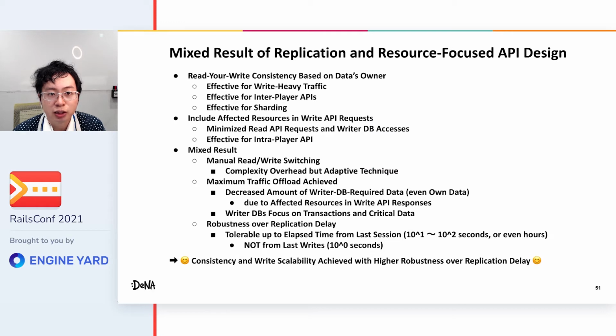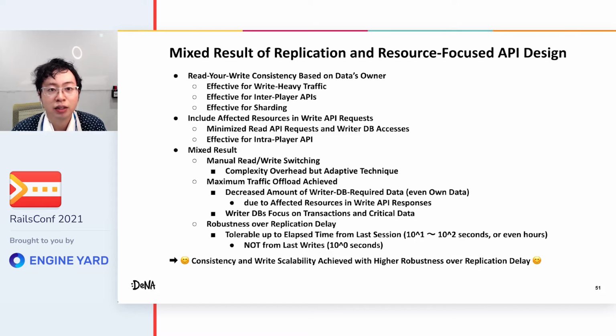This slide explains the summary of the mixed result of replication and resource-focused API design. On the one hand, read-write consistency based on data's owner is effective for write-heavy traffic, inter-player APIs, and sharding.